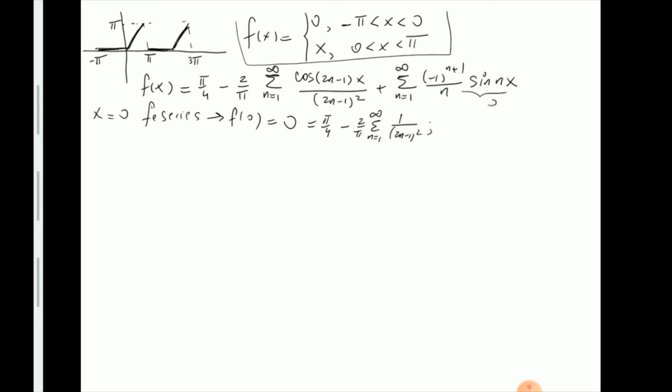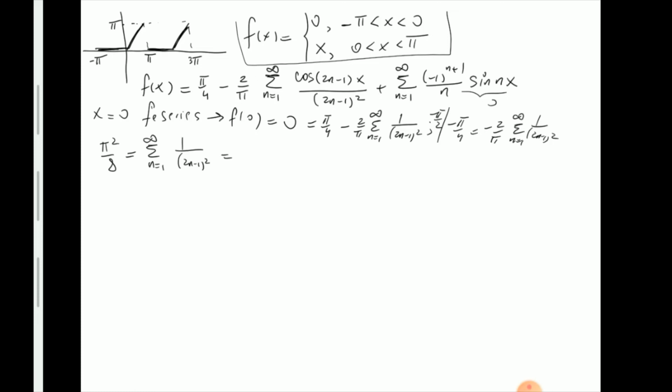So for example, if I move minus pi over 4 to the left, and then multiply both sides by minus pi over 2, you get pi squared over 8 equals summation from 1 to infinity, 1 over (2n minus 1) squared.